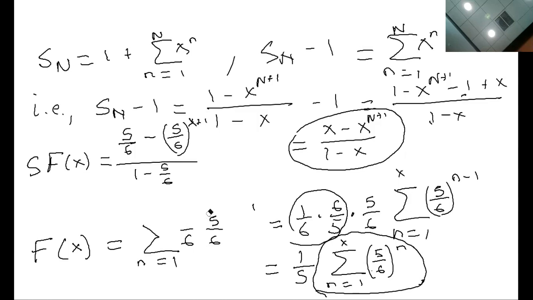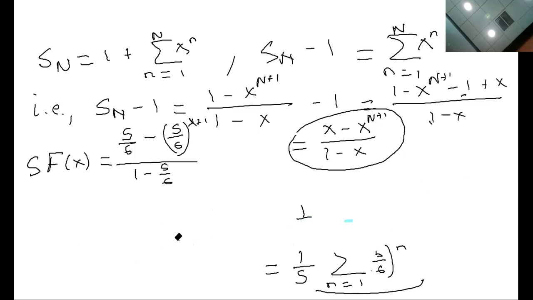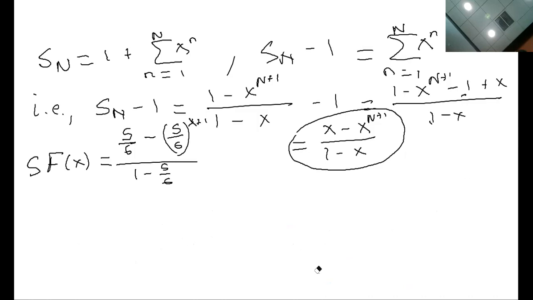I'm going to erase this part. And now we are going to say this is equal to, this is 1 over 6. So we will multiply the numerator by 6. This denominator is 1 over 6, so the answer will consist of multiplying the numerator by 6.